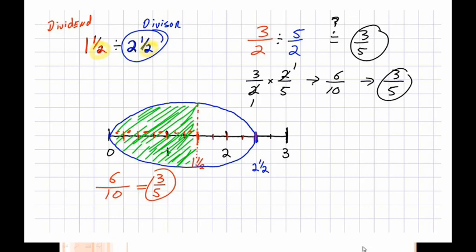One last example. Let's do another one where we have a unit fraction. Now let's do something like this. Let's do a whole number divided by a unit fraction. 3 divided by 1/5.